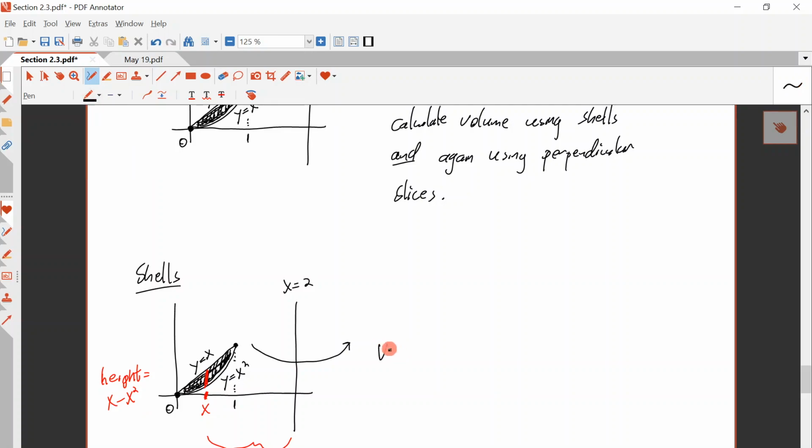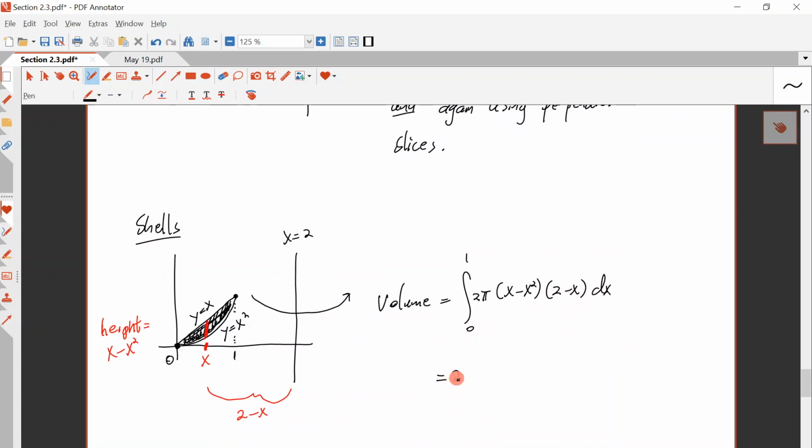All right, so the volume is equal to the integral from 0 to 1, 2 pi, top minus bottom, and then 2 minus x. All right, so we can calculate that. So 2 pi integral from 0 to 1, and I guess we're going to have to multiply this out.